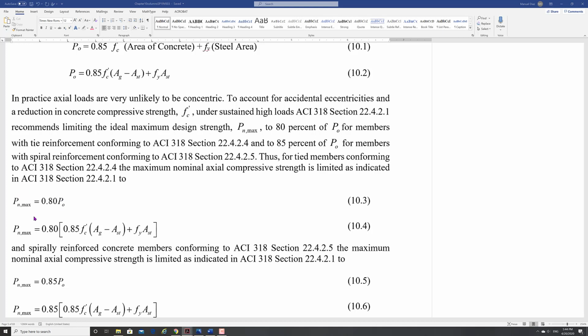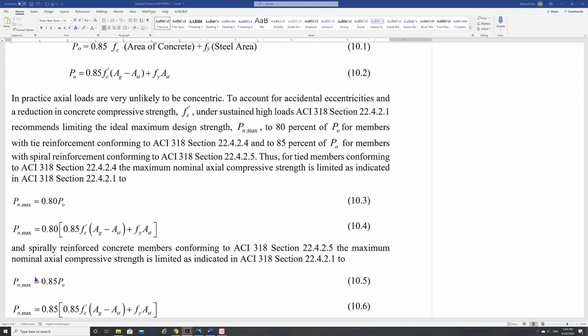We did this practice before in chapter 5, so you don't confuse that for every moment that you have, there is a maximum value. This value corresponds to the moment equals 0. If your moment is different than 0, then this is not your maximum. Could be, but not necessarily. It depends how far you are in your eccentricity. Because the purpose of these 80 and 85 percentages is to account for an accidental eccentricity that may reduce your capacity in your columns.